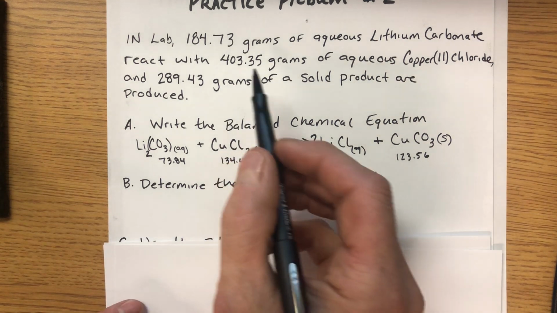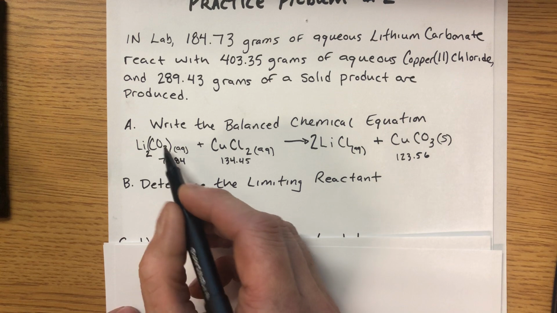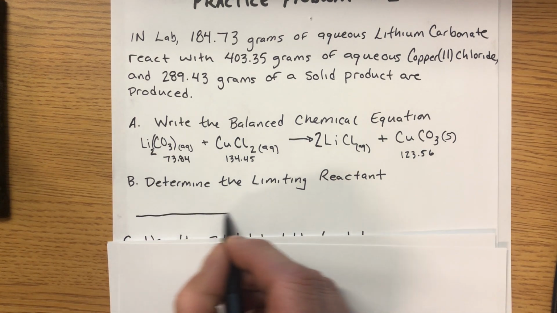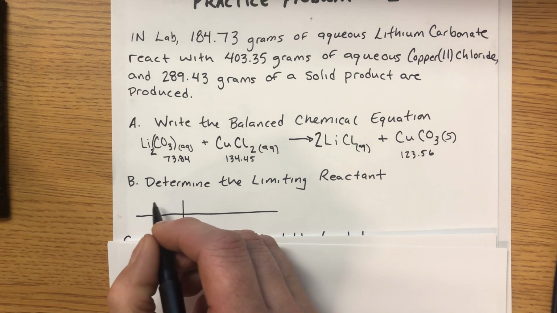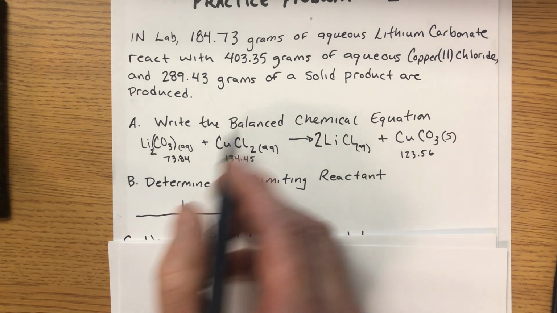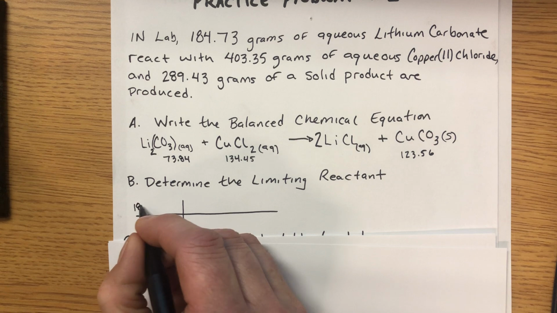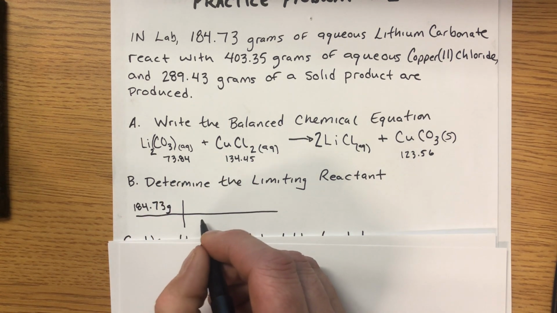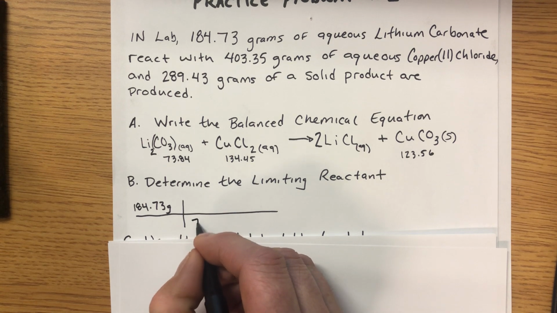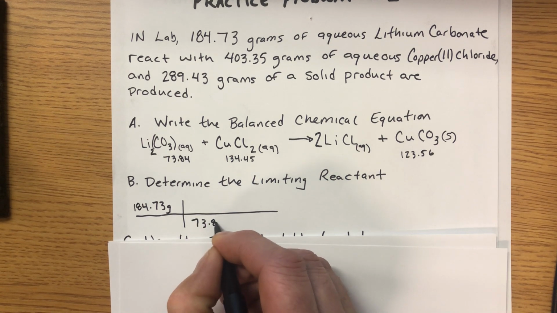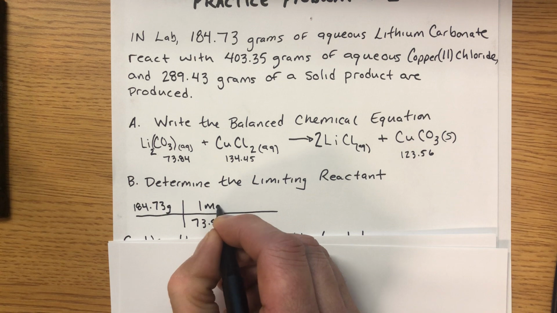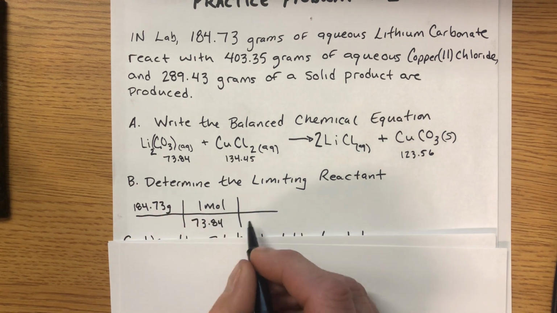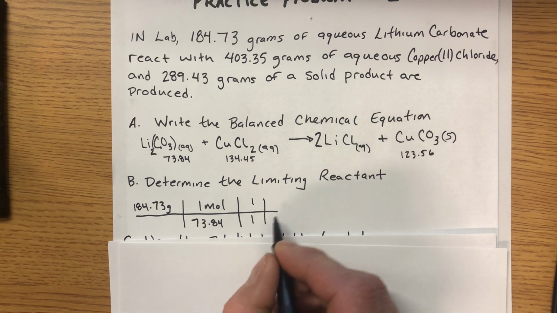Okay, so now that we've got those numbers in place, we can use them to determine the limiting reactant. So I'm going to, again, select this first compound, lithium carbonate, to be A. And let's go ahead and do the math here. So we start with 184.73 grams of lithium carbonate. It's got a molar mass of 73.84 per 1 mole. The mole ratio here between A and B is a 1-to-1 ratio. That's nice.